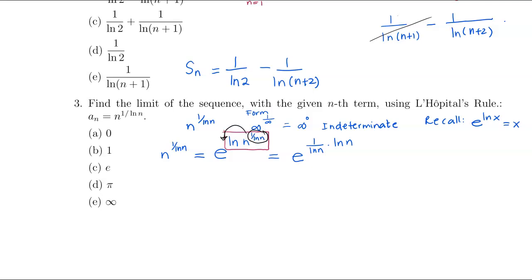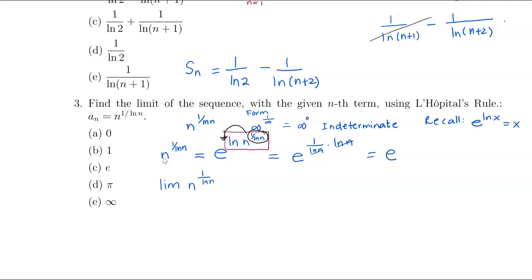Now what you notice, you can cancel ln n, and this is just equal to e, right? So, if you take the limit of the expression n to the 1 over ln n, it's just a constant.